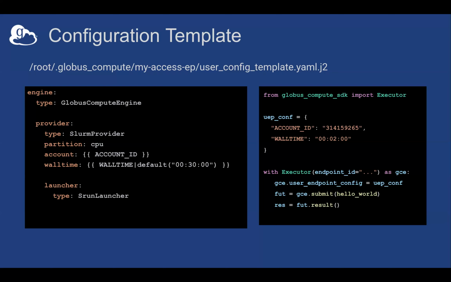If those two variables are passed on the right side, when the user specifies the user endpoint config, they'll be put into this template, and that is what will be sent and given to the local user endpoint process to start. So in this case, the Slurm provider would be given the Pi account ID and wall time of 2 minutes.